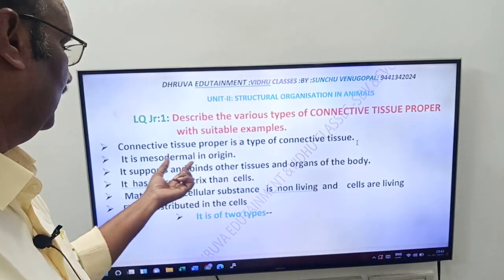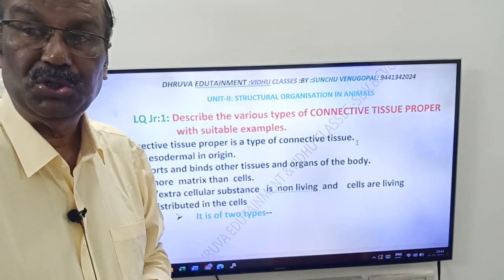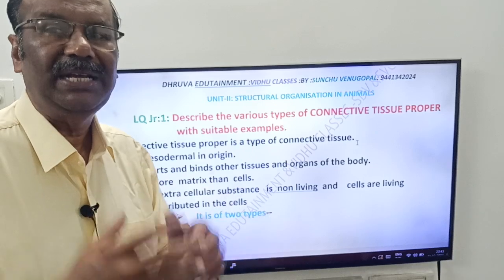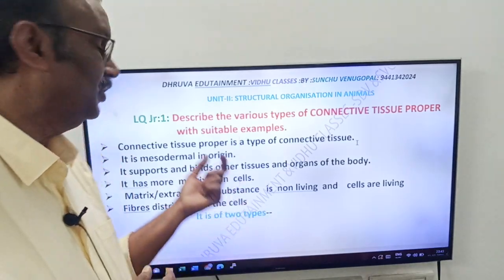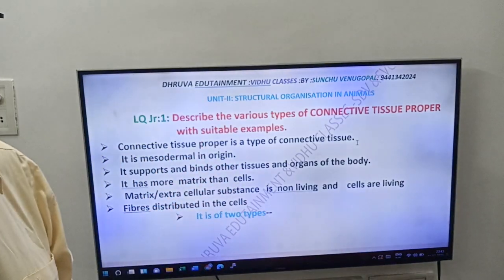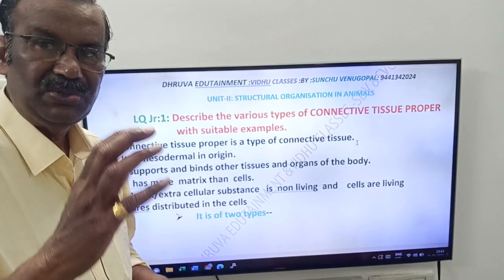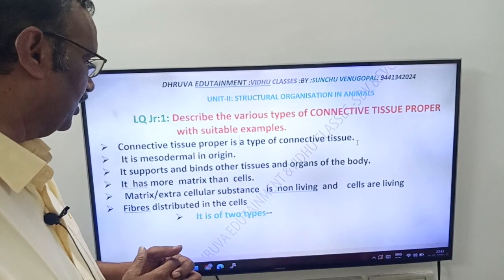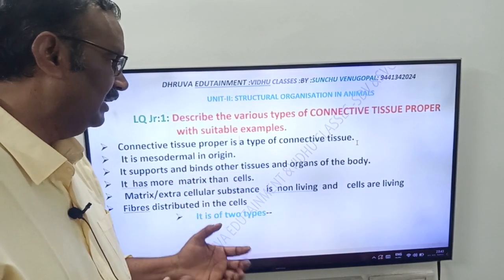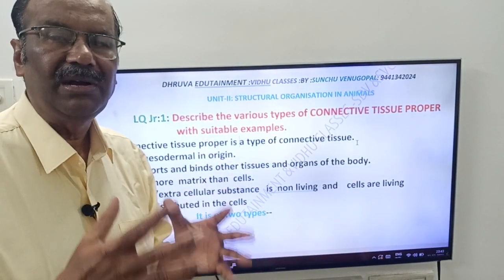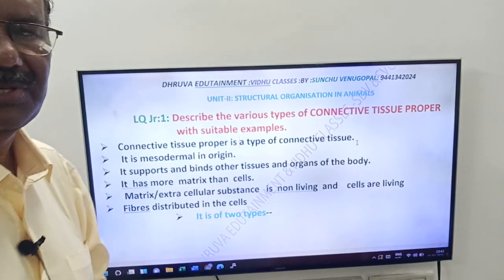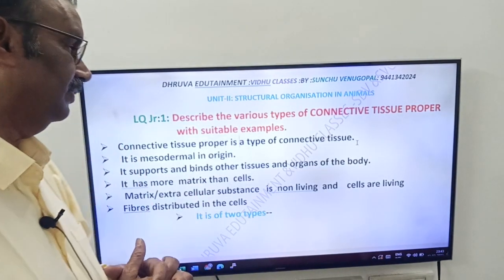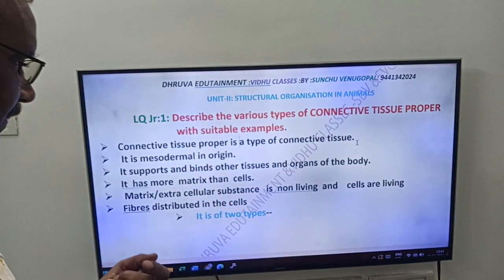All connective tissues are mesodermal in origin, so connective tissue proper is also mesodermal in origin. This connective tissue supports and binds other tissues and organs of the body.